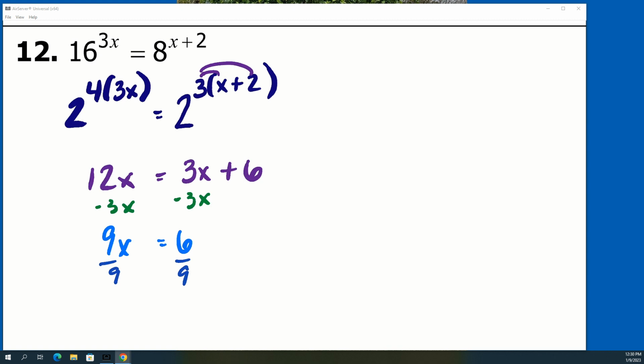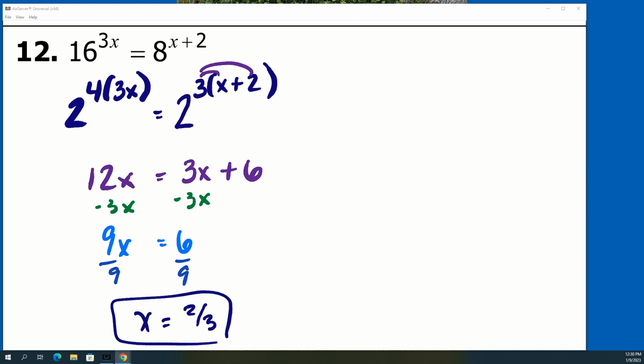And then that reduces to 2/3. So you can give your answer as 2/3, or you can give your answer as 0.66666.